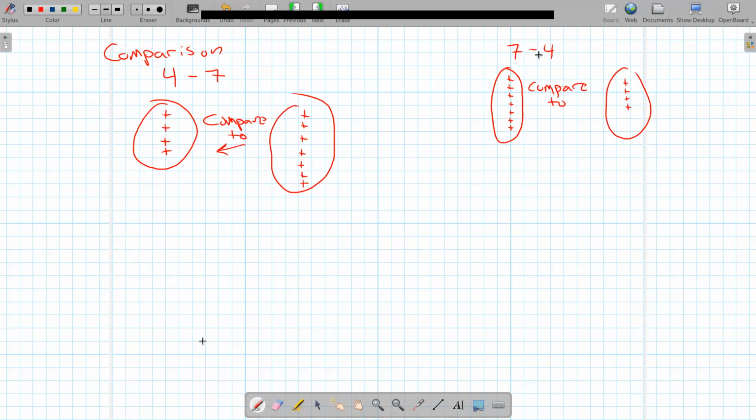In the past, what we did is you say, okay, this one right here matches up with that one. This one matches up with that one. This matches up with that. This matches up with that. I'm done with the number I'm comparing to 7, and that leaves 3. All right, so I have to account for that whole second number to do subtraction. That's how we did comparisons before.